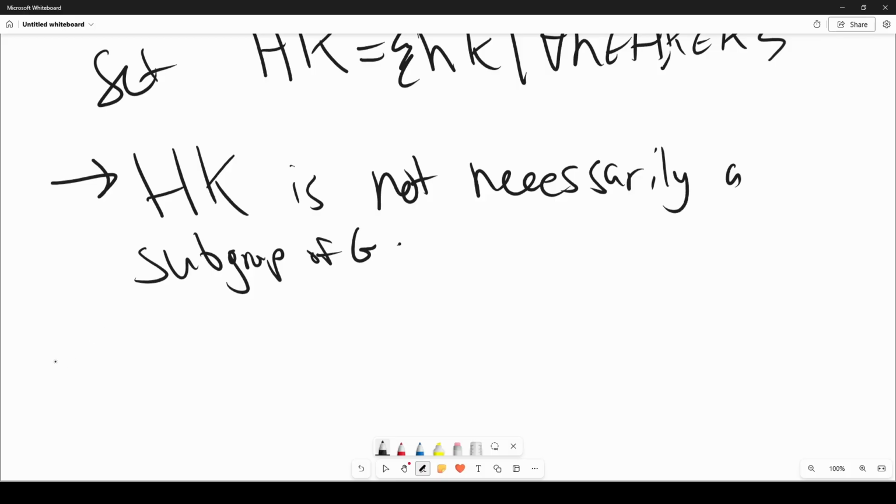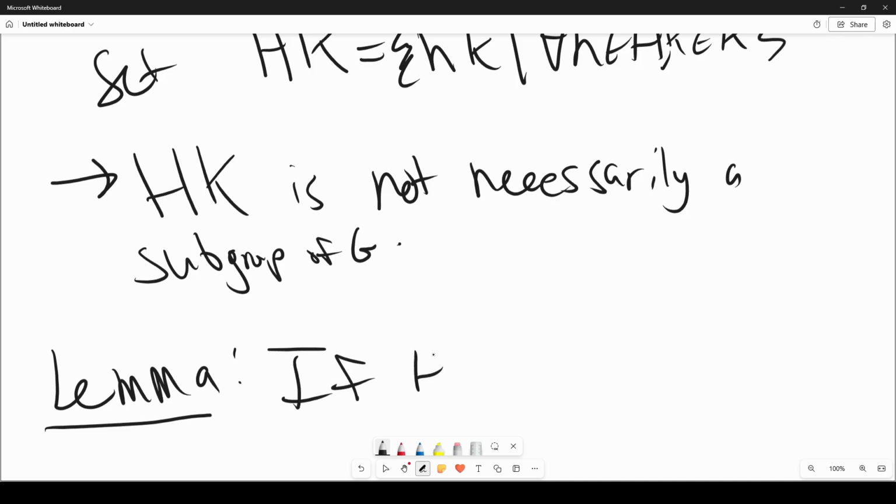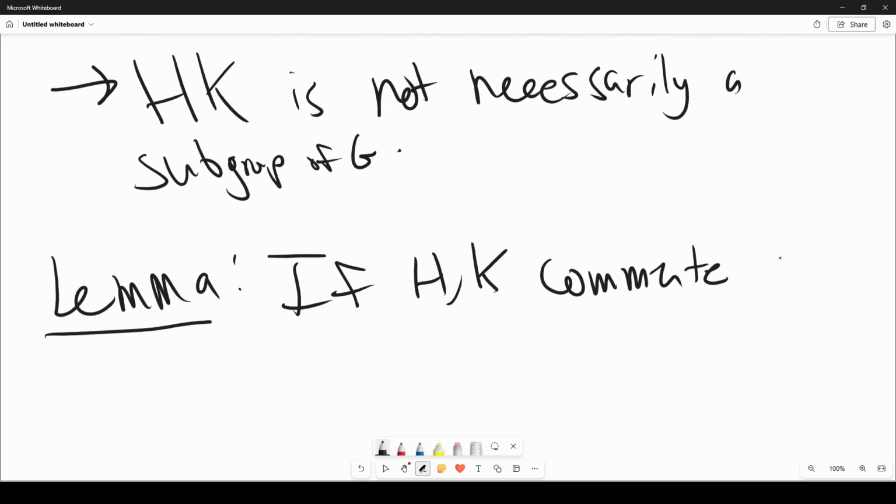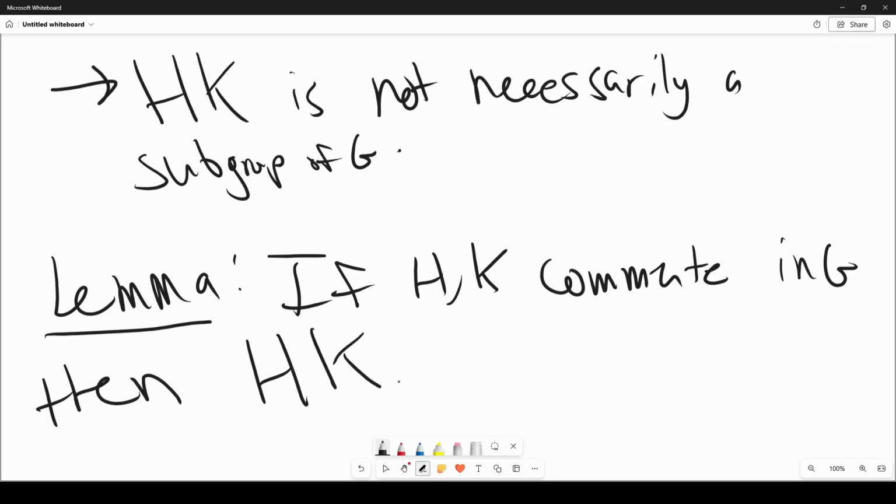So let's try to make some assumptions on these subgroups. We'll prove a quick lemma, which is: if H and K commute with one another in G, then HK is a subgroup of G.